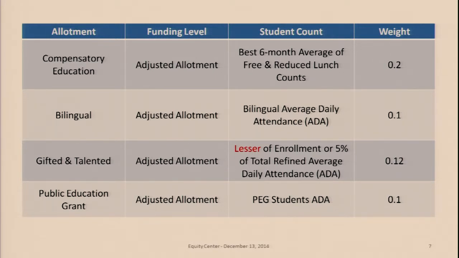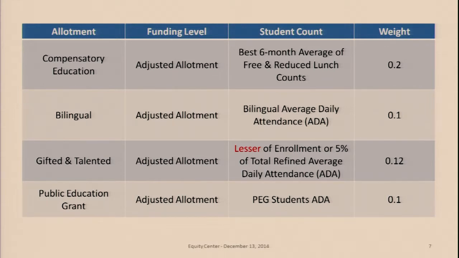Now, bilingual and PEG are just based on average daily attendance for the people that are in those programs. Gifted and talented is based upon the total refined average daily attendance at 5% or enrollment, whichever is less.